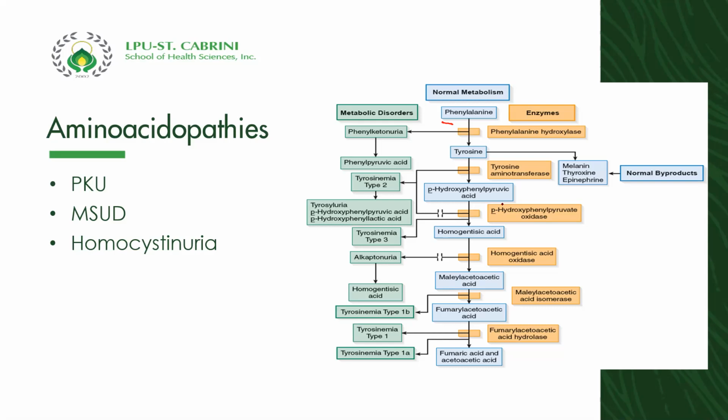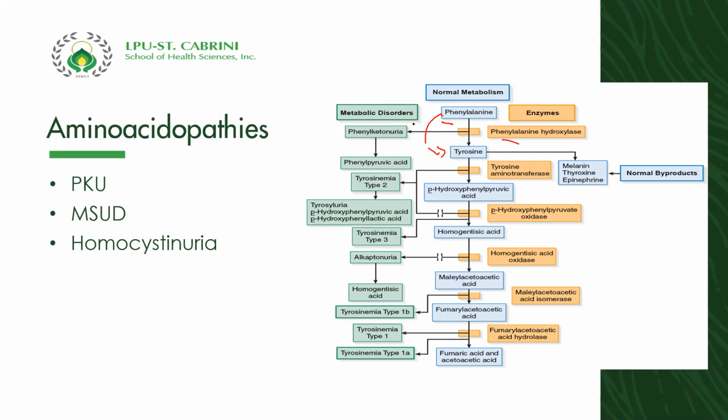Like what I've said, phenylalanine is converted into tyrosine at a normal state through the enzyme phenylalanine hydroxylase. The most common cause of amino acidopathies is the deficiency of enzymes that convert an amino acid to its other form.